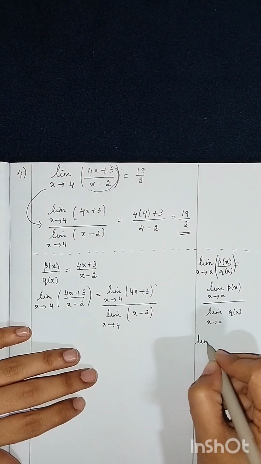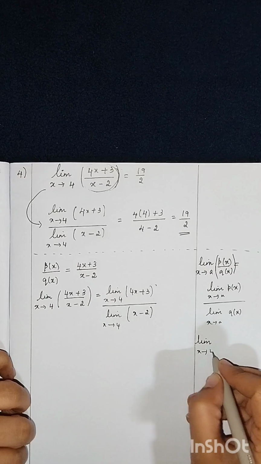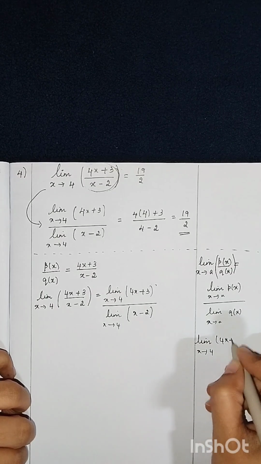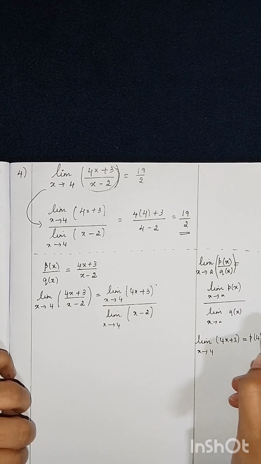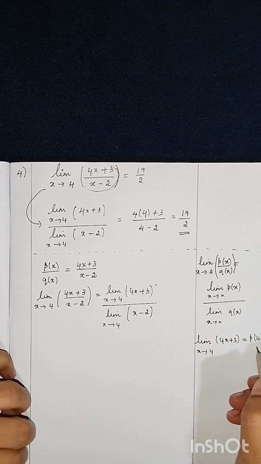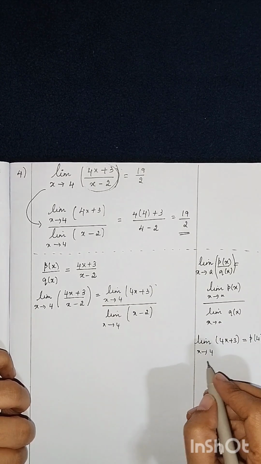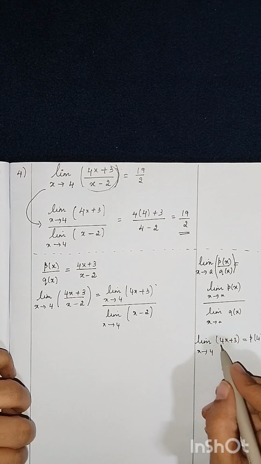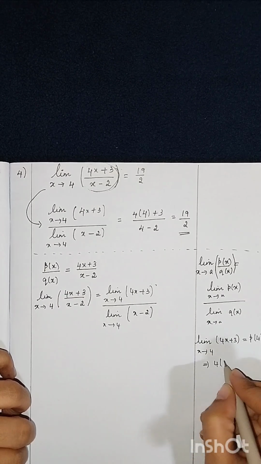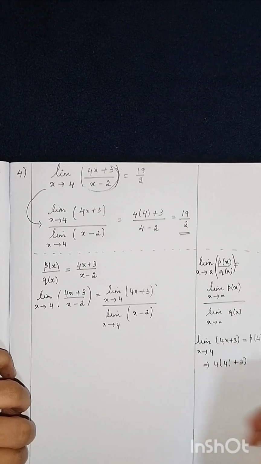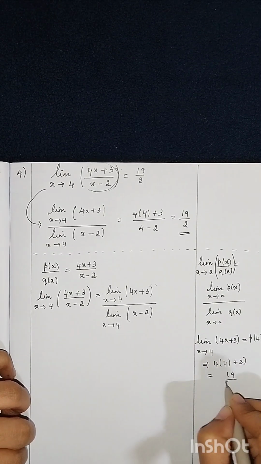So limit x tends to 4 of 4x plus 3 will be equal to, we'll write directly, p of 4. And how will you get p of 4? You substitute directly here, that is 4 times 4 plus 3, which is equal to 19.